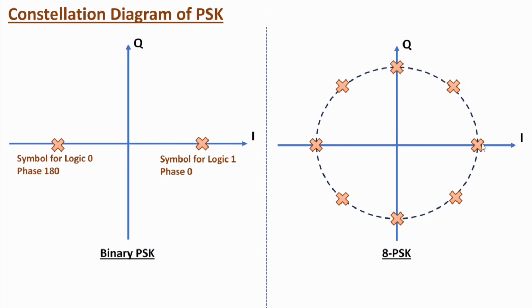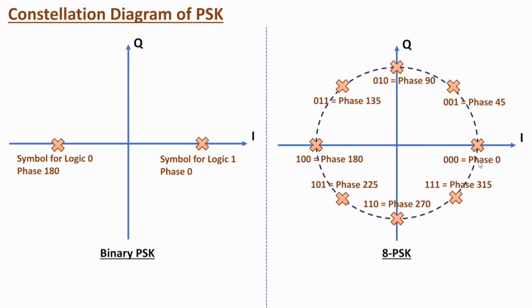Here, with this symbol, we have phase 0. With this symbol, we have a phase of 45 degrees. With this symbol, a phase of 90 degrees. With this symbol, a phase of 135 degrees. Likewise, we have different symbols. And with 8 PSK, how many bits are there with each symbol? 8 is equal to 2 to the power 3, which means we have 3 bits.